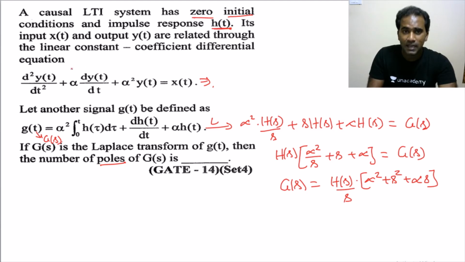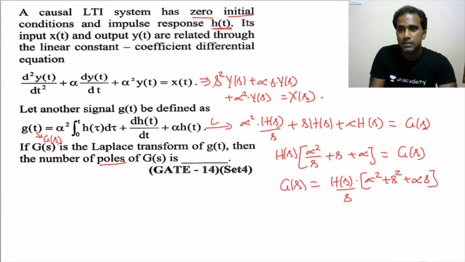So let us apply the Laplace transform property. It is s square into Y of s plus alpha into s into Y of s plus alpha square into Y of s is equal to capital X of s.